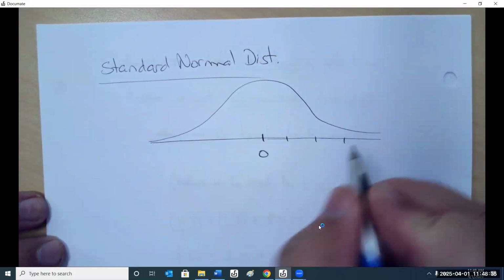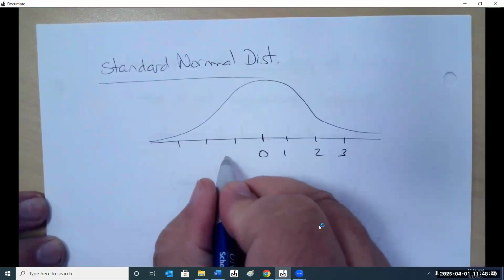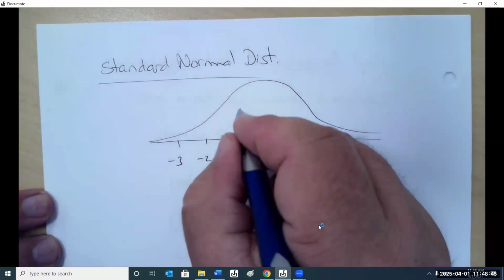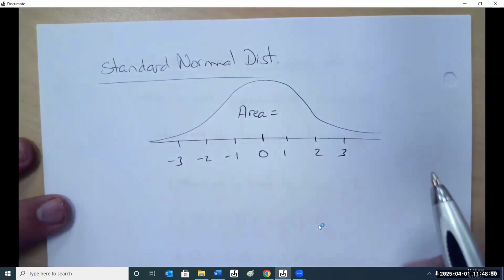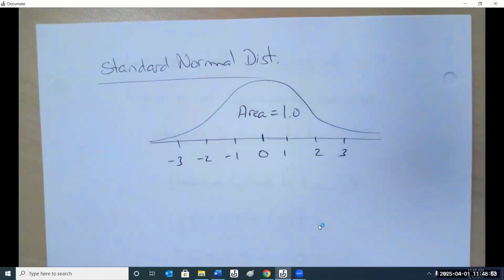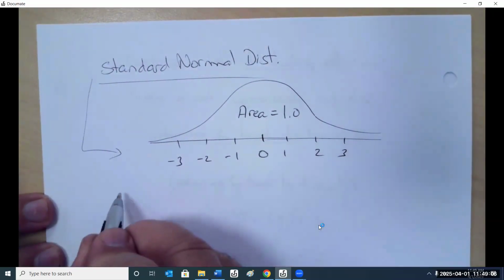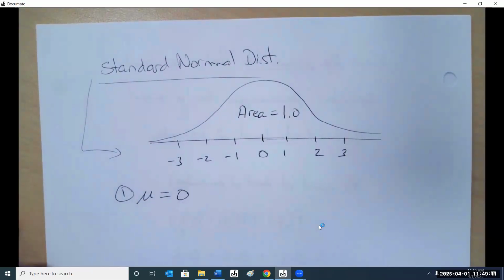So we have 1, 2, 3 to the right, -1, -2, -3 to the left. What should the area inside this bubble be? 1.0. So this is the normal standard distribution. The mean is equal to 0.